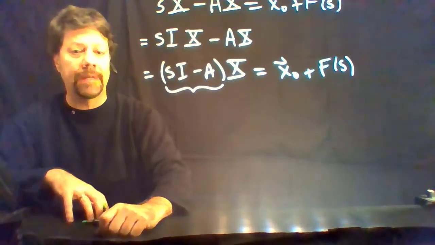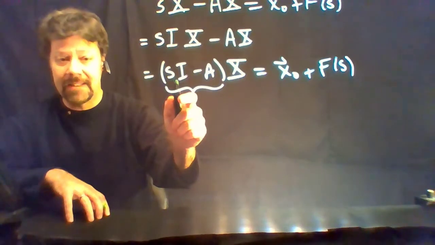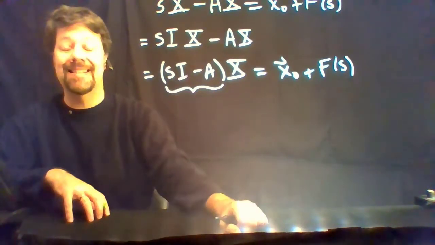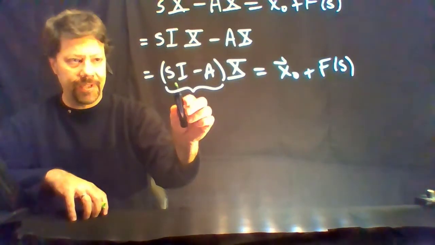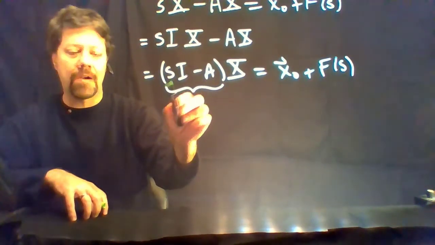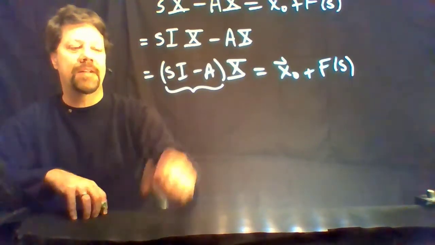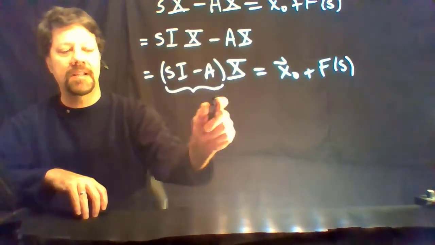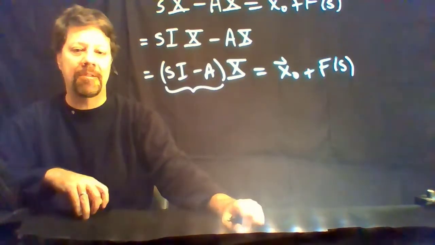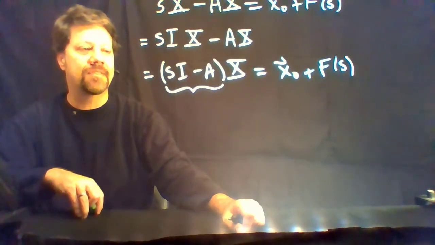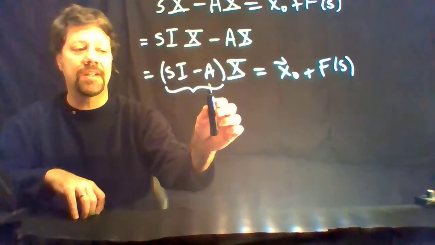For those of you who already know about eigenvalues, s can't be an eigenvalue because if it is, then this matrix is not invertible by definition of eigenvalues. And so s will have to be larger than the largest eigenvalue of the matrix A. That's the hypothesis that guarantees the existence of an inverse on some unbounded interval for values of s.